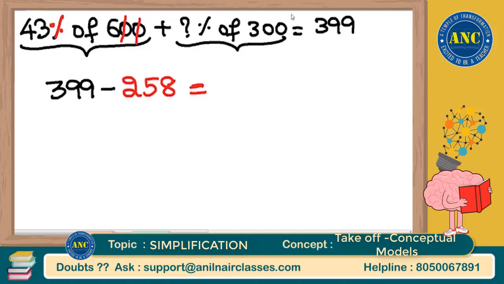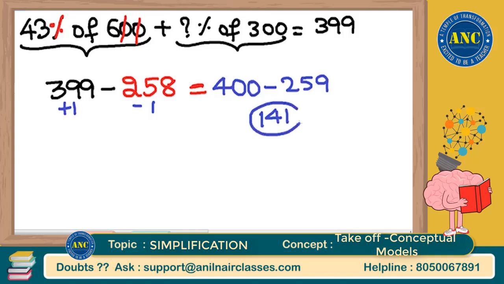I want to make it a fancy number. Add 1 to make 400. Subtract 1 to compensate. It is equivalent to writing it as 400 minus 259, which is nothing but 141. Right? 141. Left hand side is question mark percentage of 300 is equal to 141.